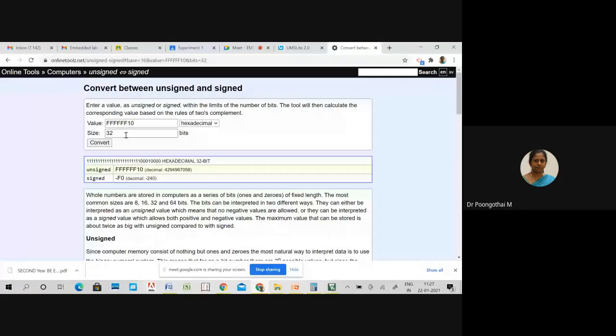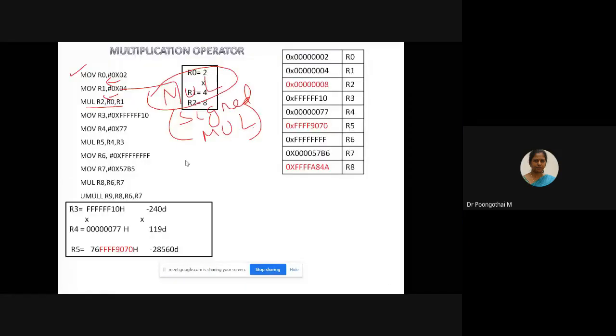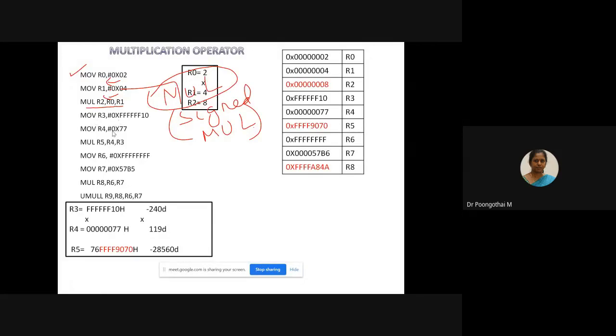The equivalent signed value for this one is minus 240. That is, the equivalent decimal value for this hexadecimal value is minus 240. So R3 is loaded with this signed value and R4 is loaded with 77.